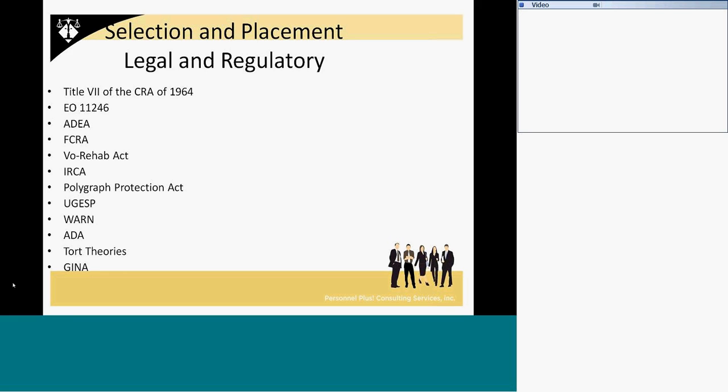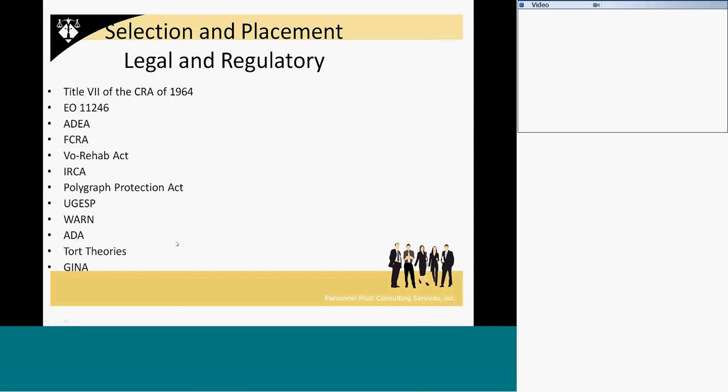The ADA protects the employee if they personally have a health condition or a disability. GINA protects people when they have an unmanifested disability. In other words, it's in their genetic makeup, but it hasn't actually expressed itself at this point in time.